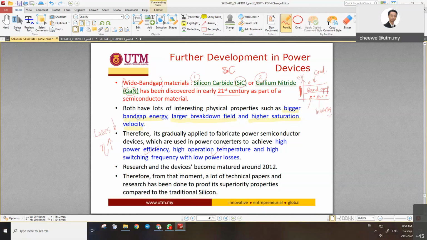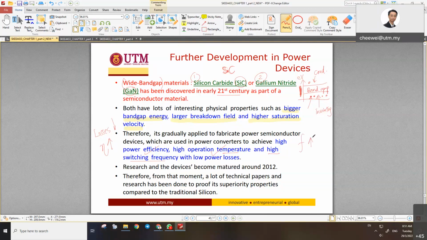Under the sun, if it is a tropical country like Malaysia, in the afternoon and throughout the day, imagine what temperature the components inside the electrical device have to withstand. High temperature. So it works in high temperature, and it is able to operate at high switching frequency.